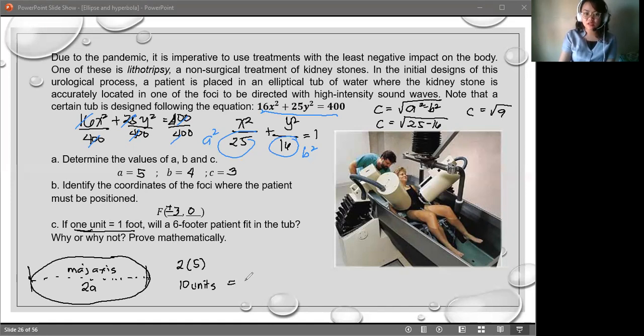That means 10 units is equal to 10 feet. Here we're just fitting in a 6-footer patient. So will that patient be able to fit? Yes. And our proof? This would now be our proof that the measurement of the major axis is 10 units. Therefore, the whole lithotripsy equipment is 10 feet. So yes, that's it.